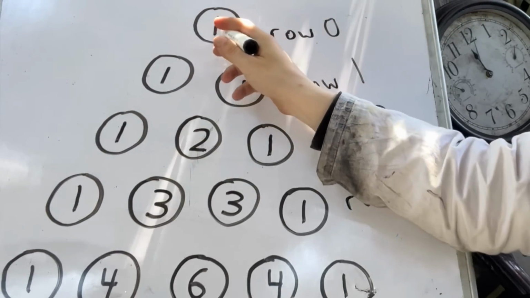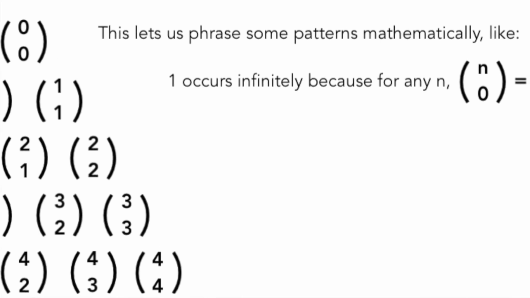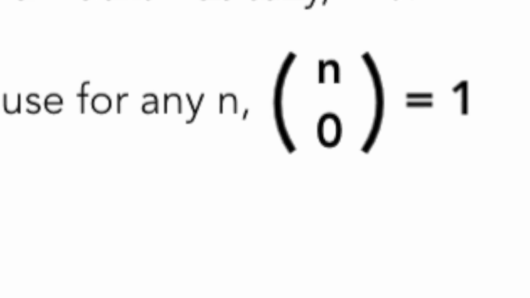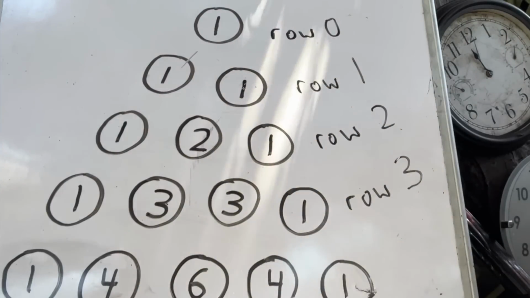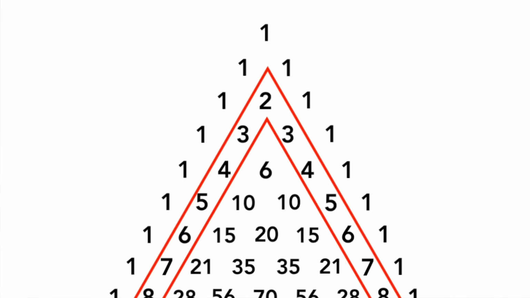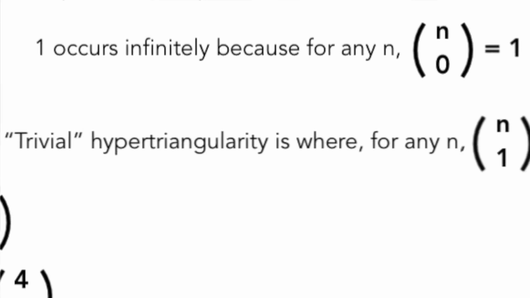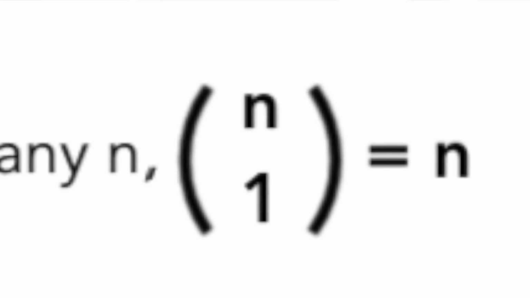For example, the number 1 will appear an infinite amount of times here, because for any row n choose 0 always equals 1. Additionally, every whole number will appear here at least once due to what I call trivial hypertriangularity, where n choose 1 always equals n.